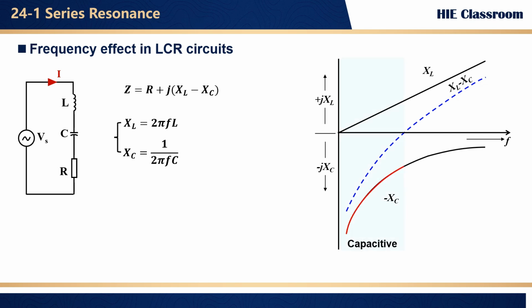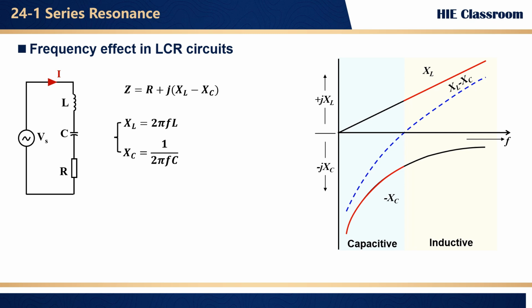That means the circuit acts mostly like a capacitor. But at high frequencies, XL takes over, getting way bigger than XC, and the total reactance flips positive, and now the circuit feels more like an inductor.